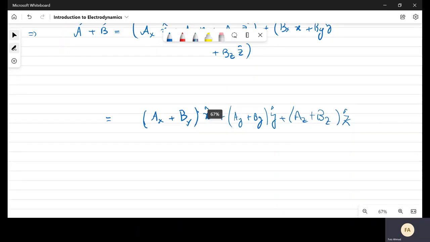Similarly, we can define the dot products, but before the dot product, we can discuss scalar multiplication.